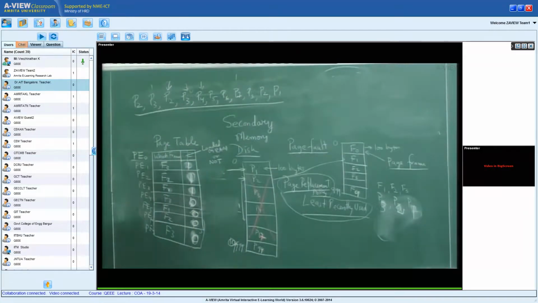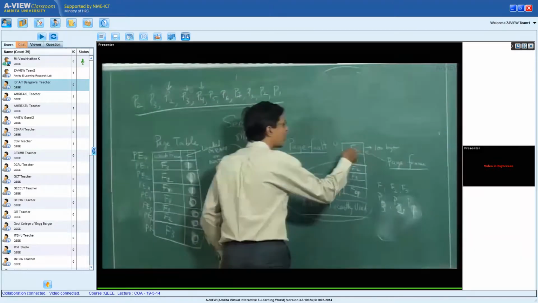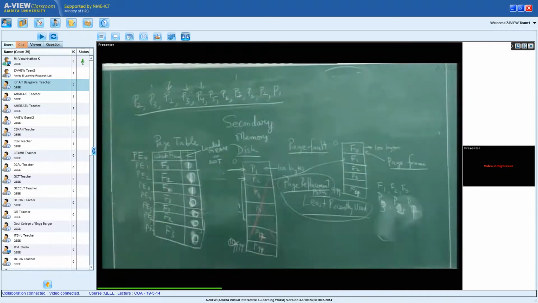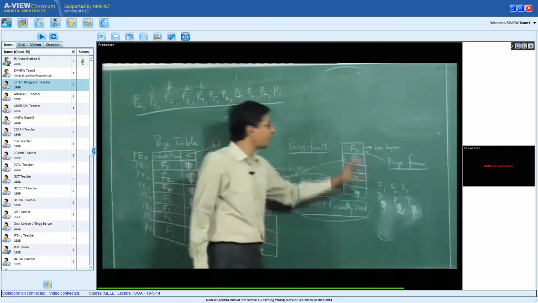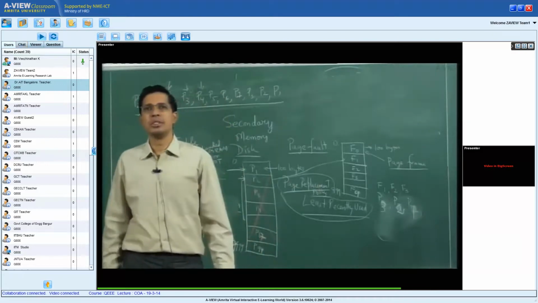One such necessity is to maintain this page table itself. This page table itself will be in one of these page frames, in the physical memory used by the operating system.